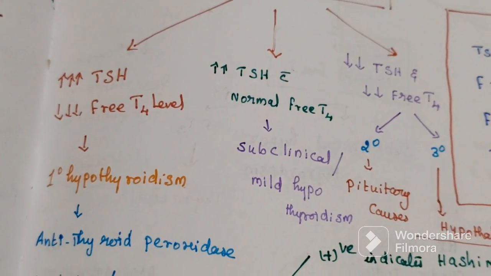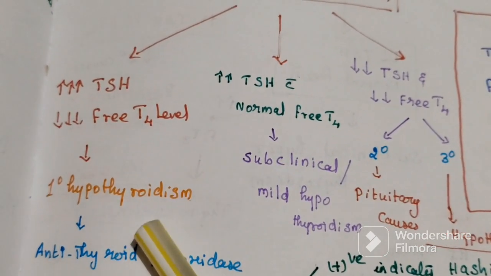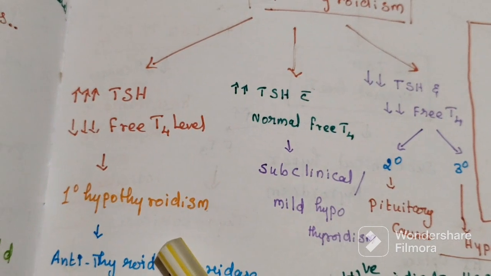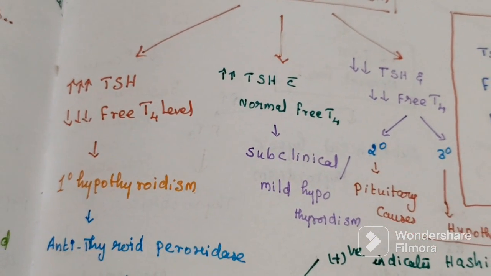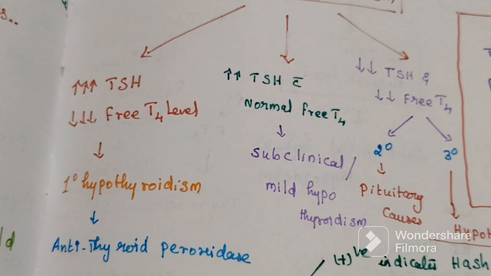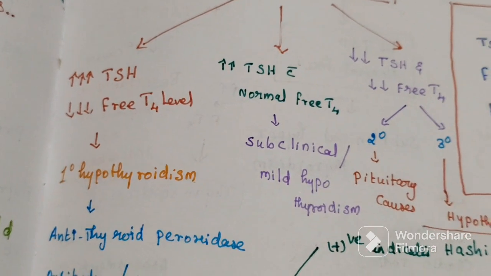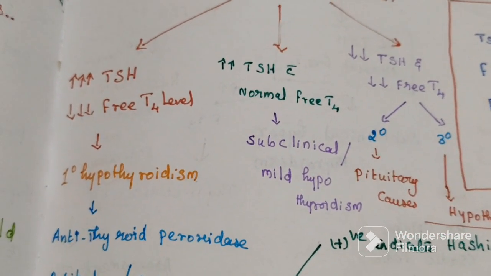Primary hypothyroidism in India is due to iodine deficiency goiter. In developed countries, it is Hashimoto's thyroiditis.